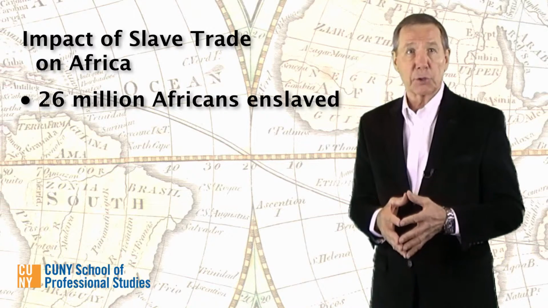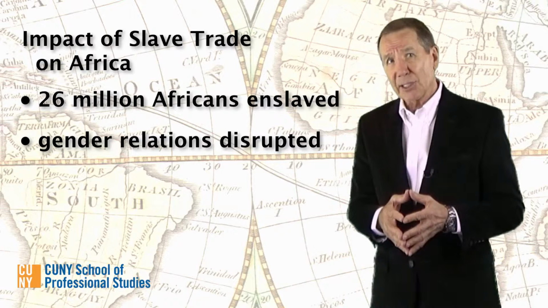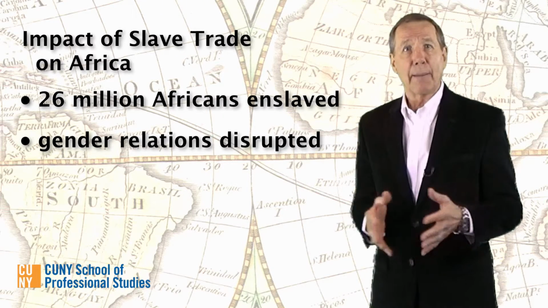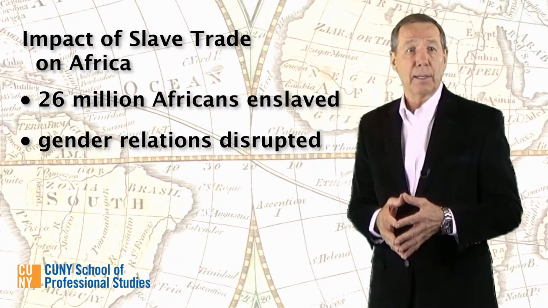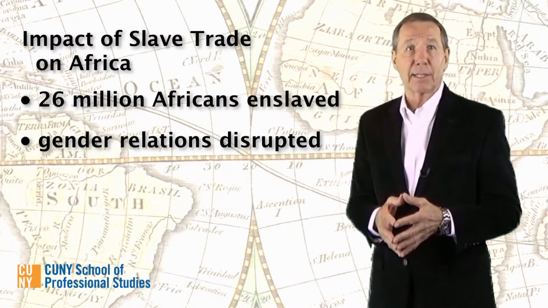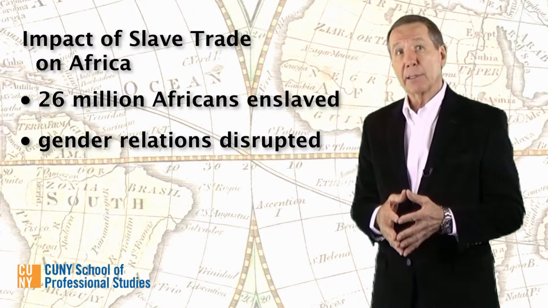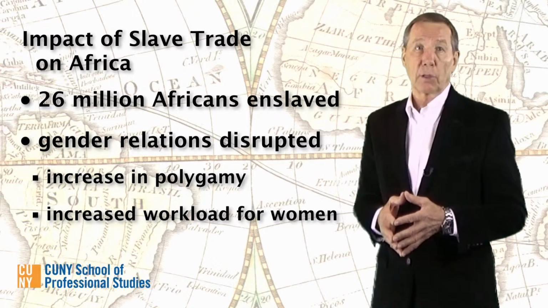The slave trade also affected gender relations within African societies because the sex ratios were left unbalanced. About 2/3 of the slaves were males between the ages of 14 and 35. Consequently, there were many more women than men left in Africa. In male-dominated societies, this led to polygamy and a significant increase in workload for women.